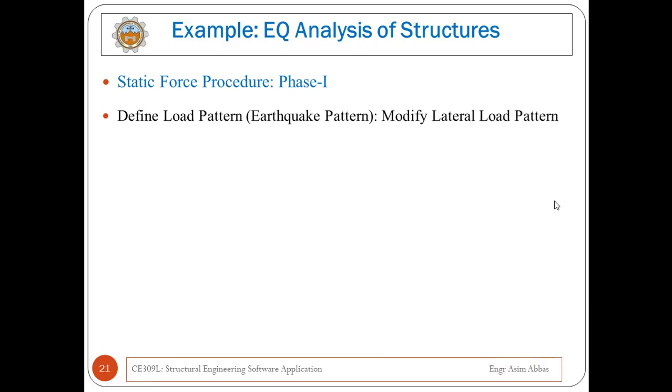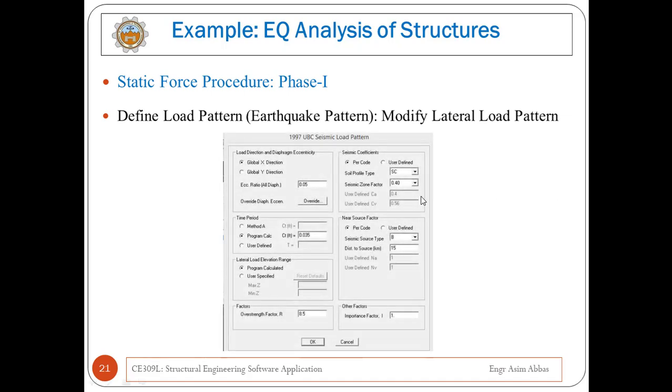Okay, when I click on Modify Lateral Load Pattern, this window will open. First of all I will choose the global X direction, right? For the global X direction, the soil profile type is SC in the example, then the seismic zone factor is given, so I will enter the seismic zone factor. Then I will enter the Ct coefficient for the time period, right?